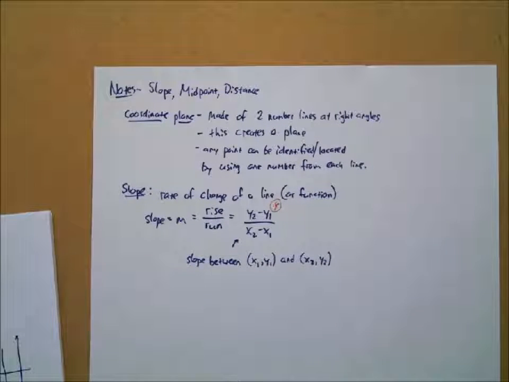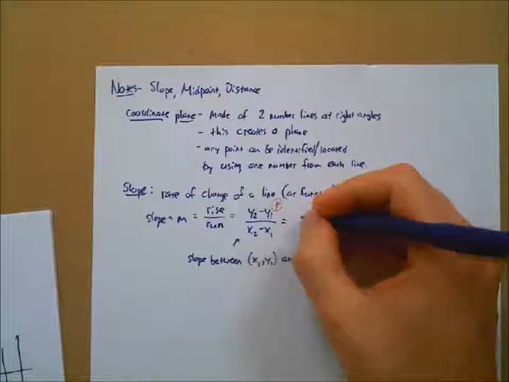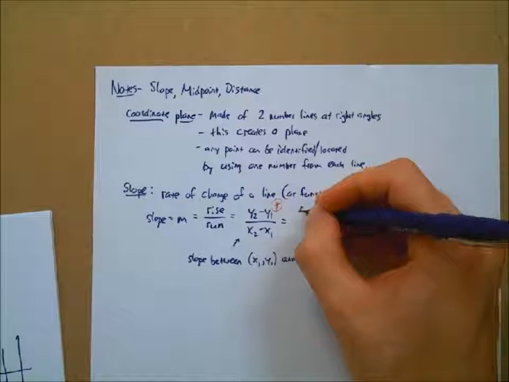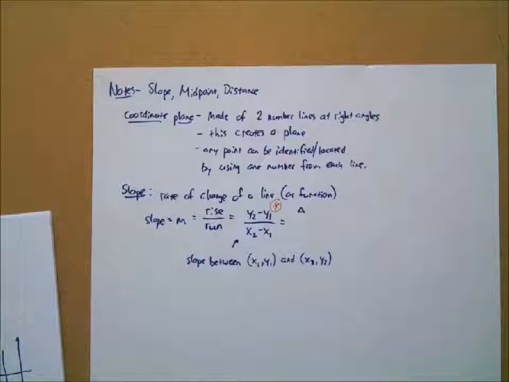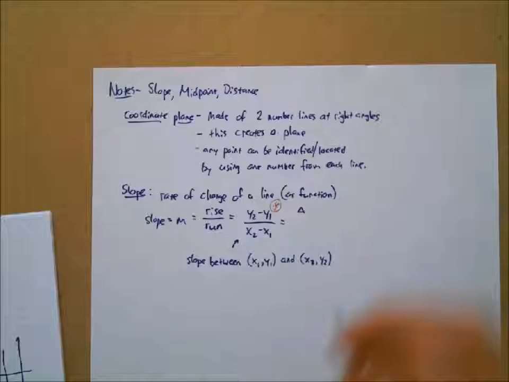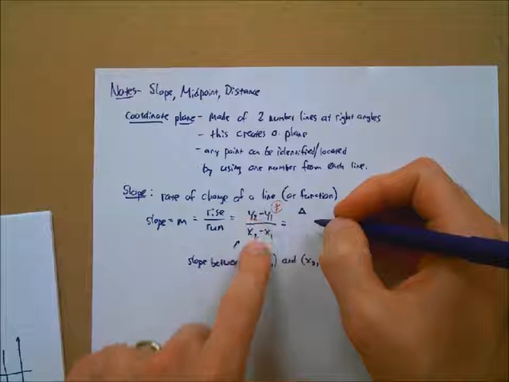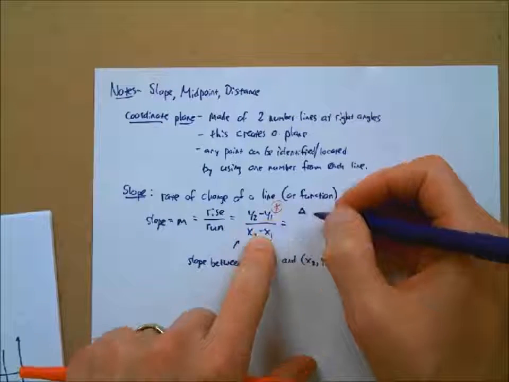One other way you might see this. This is a Greek letter, not a triangle. Okay, anyone know what that Greek letter is? Delta, that's right. Have you seen it in any classes before? Algebra-based physics? Yeah, ABP, okay. So, right. Delta, what does that delta normally represent? Change, exactly right. So sometimes you'll see this rise and run, or the y2 minus y1 over x2 minus x1, you'll see that as delta y over delta x.